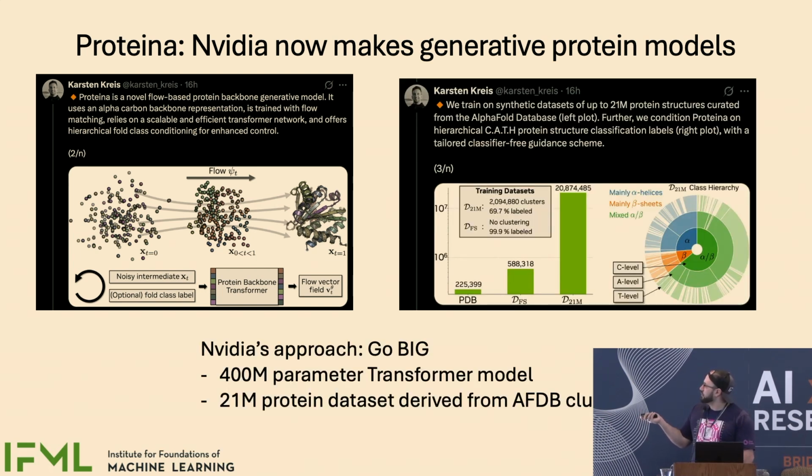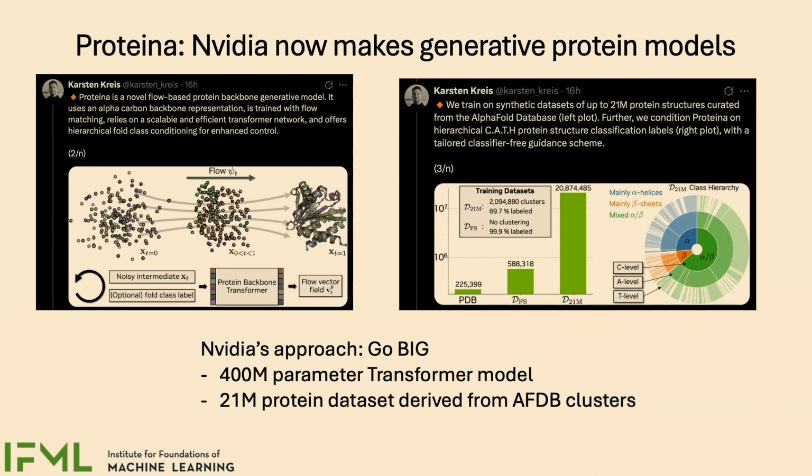What they show is what NVIDIA could do compared to us academics. They just went big, right? They made a 400 million parameter model, which is an order of magnitude bigger than our model. And instead of using the 2.3 million proteins that we had from that paper, they grabbed all the nearest neighbors to make it 21 million proteins.